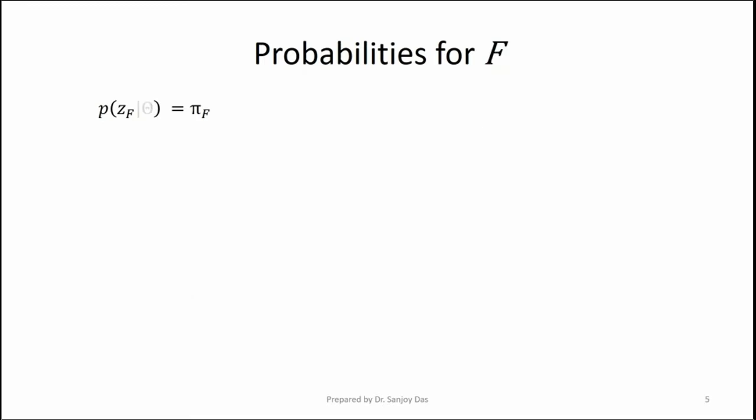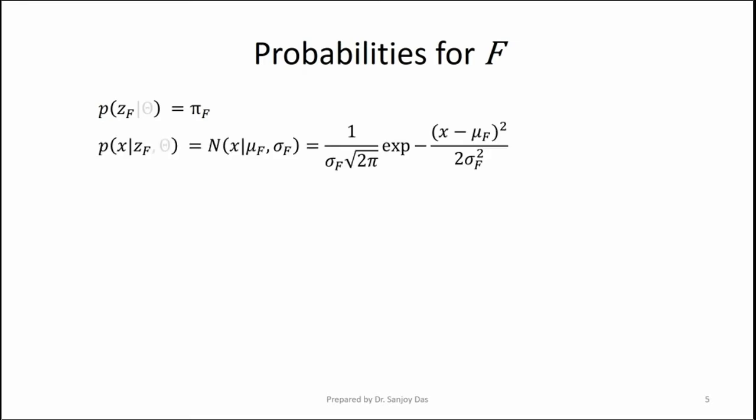The condition given theta is ubiquitous, so just so that it doesn't divert our attention, I have colored it gray. So the probability of Zf, Zf is shorthand for Z equals female, is equal to pi f, the prior for female.